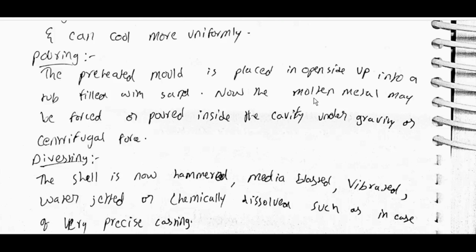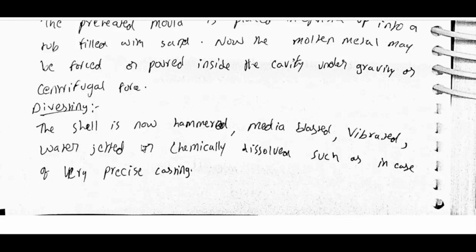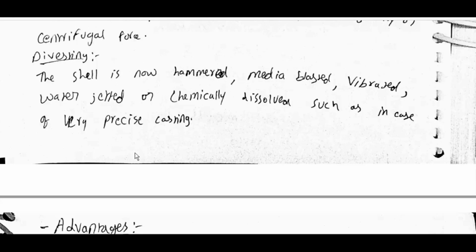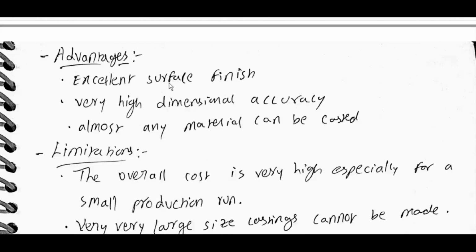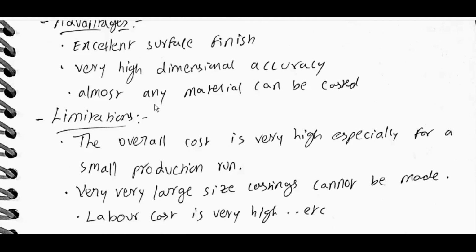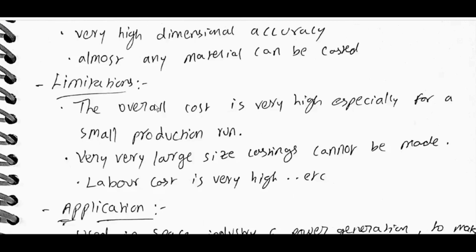Now the molten metal may be forced or poured inside the cavity under gravity or centrifugal force. Divesting: the shell is now hammered, media blasted, vibrated, water jetted, or chemically dissolved, such as in the case of very precise casting.